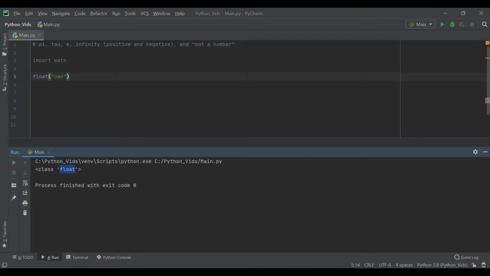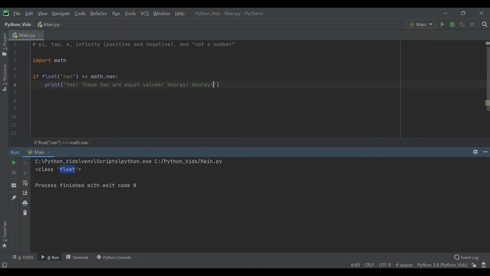Is it going to be the same for not a number? Let's find out. So let's do if float of not a number is equal to math dot not a number, print yes, these two are equal values.